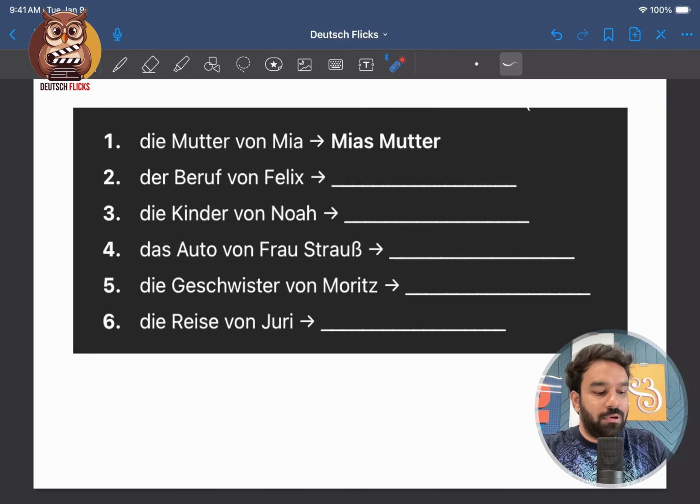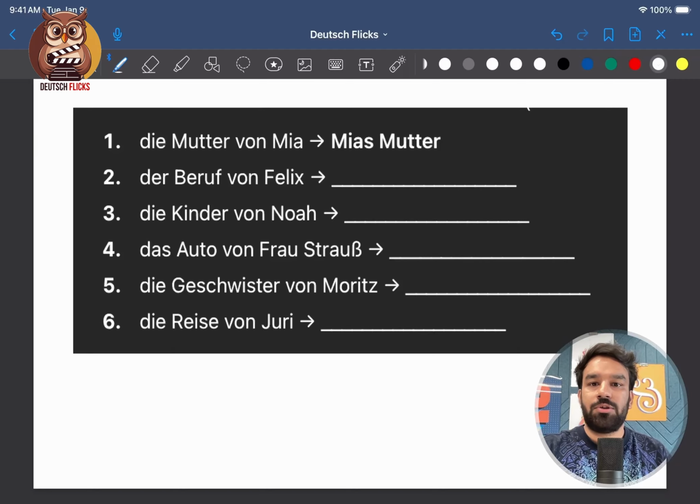So in German it will be Mias Mutter. Now you have to solve the others. I'll give you 5 seconds. You can pause the video. Okay, so Nummer 2, der Beruf von Felix. Now Felix is a name which ends with X. So if the name ends with X, you put an apostrophe. So Felix' Beruf.